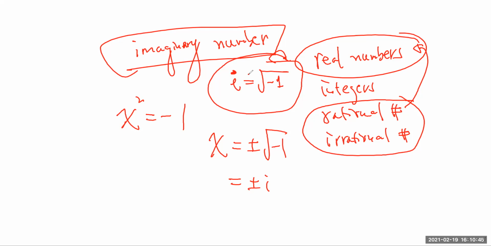Why is it i? It's just a symbol, like we use i to denote the square root of -1, so it's a lot easier to write later on. We don't have to keep writing the square root of -1. Does i stand for anything? i just means imaginary number.